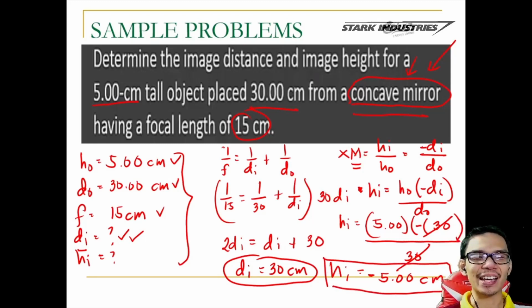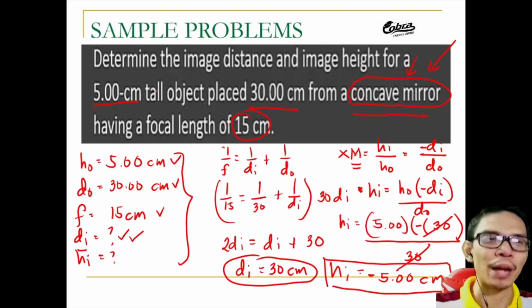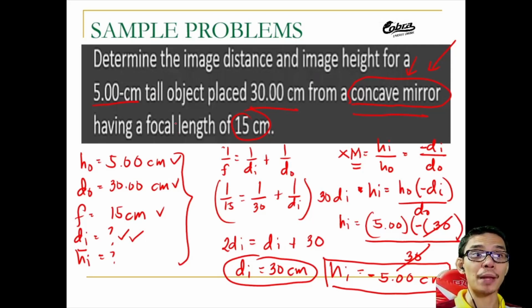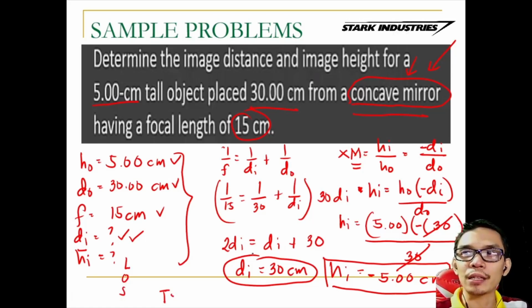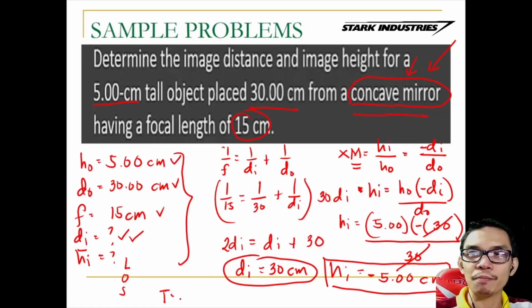Okay, since this is the last problem for the mirror equation, let's analyze this one. Now, what is the LOST? I'll put the T here. We all know that the distance of the image is positive, so therefore that is a real image.